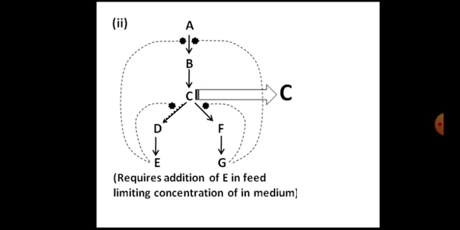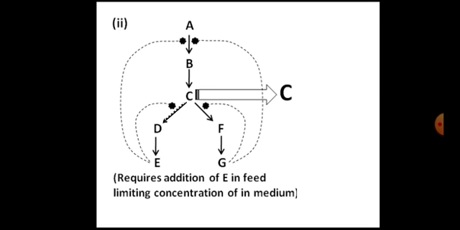For example, the end products of the two branches, E and G, both have a combined action on the first enzyme, which will be called the key enzyme required for conversion of A to B.